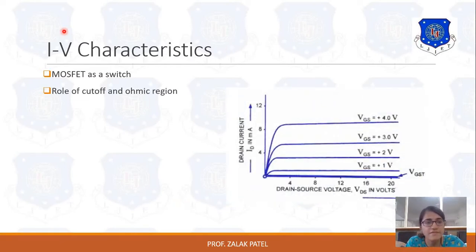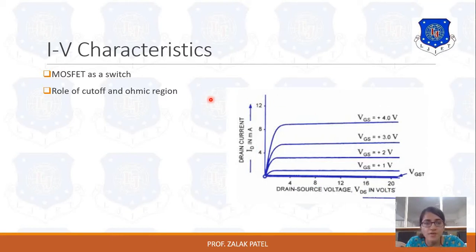For this IV characteristic, consider the graph of ID versus VDS, meaning drain current versus drain to source voltage. Here please note that the ID range is in the milliampere range and VDS should be in volts. So the IV characteristic is basically the graph of drain current ID versus drain to source voltage.